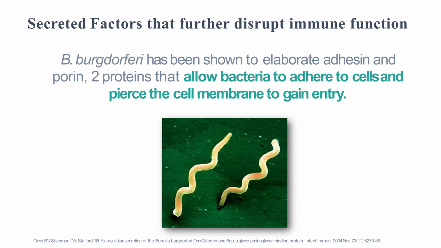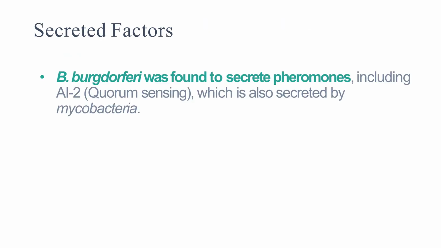And then these spirochetes are able to thrive and take over. So it's creating this environment of disruption again through these secreted factors of adhesin and porin. So again, just very, very clever how they tend to do these.